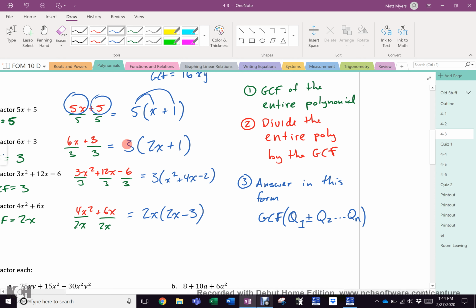No. 3 times 2x is 6x. 3 times 1 is 3. 6x plus 3. 3 times x squared is 3x squared. 3 times 4x is 12x. 3 times negative 2 is negative 6. 2x times 2x is 4x squared. 2x times 3 is 6x. That should be a plus. Everybody good? That is what you will do in all 4 versions of factoring that I teach you. You simply reverse the process at the end.